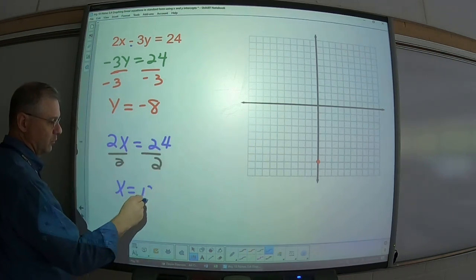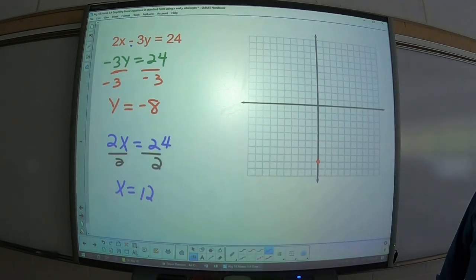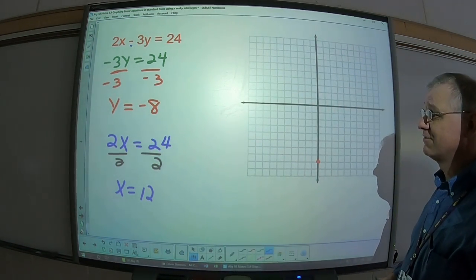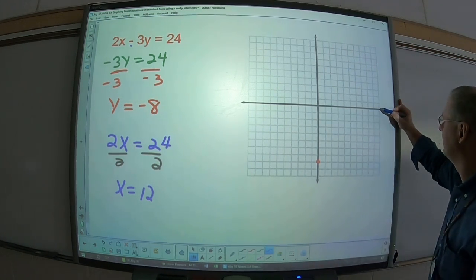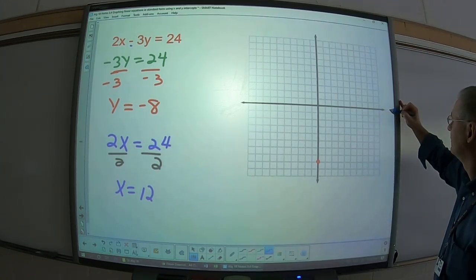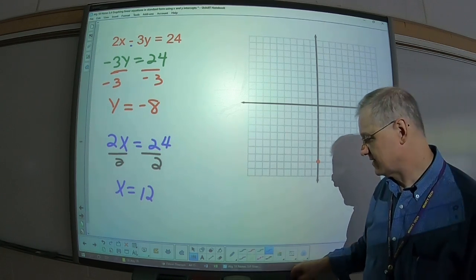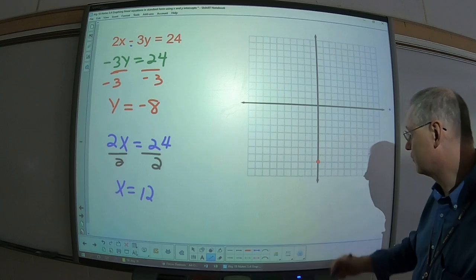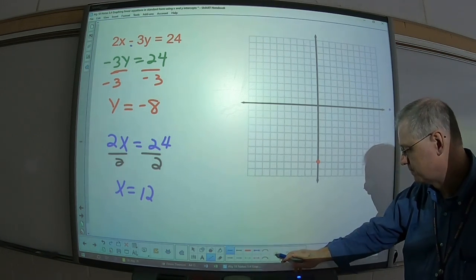X is 12. Now, on your graph, if you're using my sheets, it's going to have enough room. But it doesn't have enough room on this one. So I have to go 10, 11, 12. I'm approximating here. On your graph, as I said, you probably have enough grids to do this. I just don't.